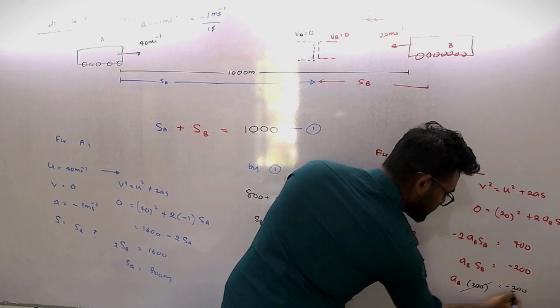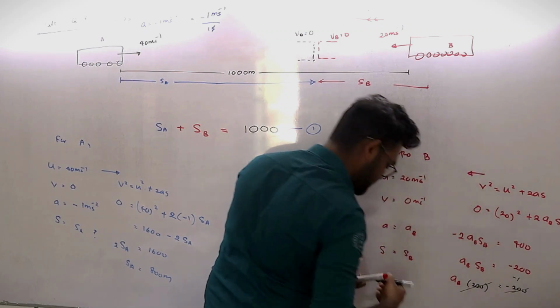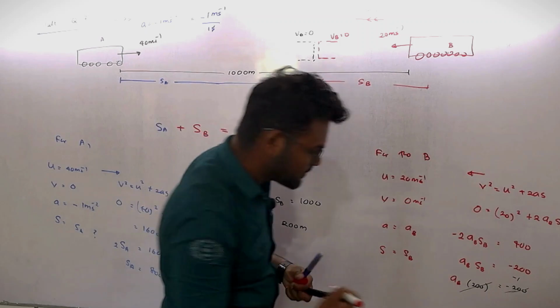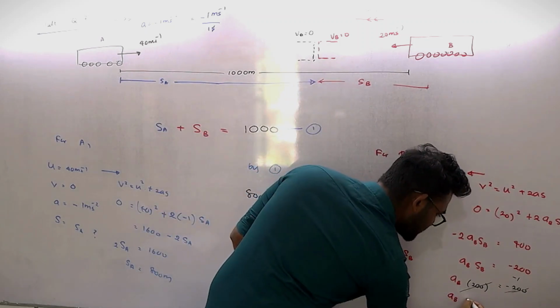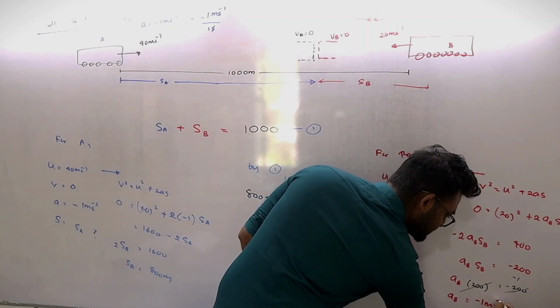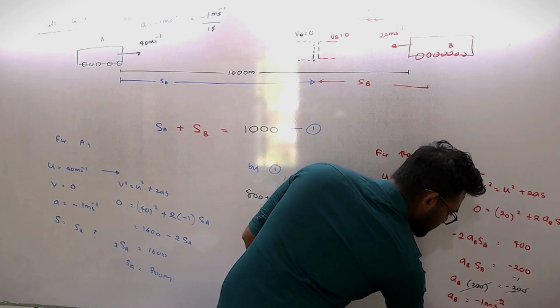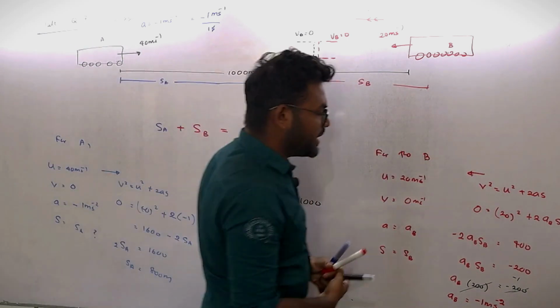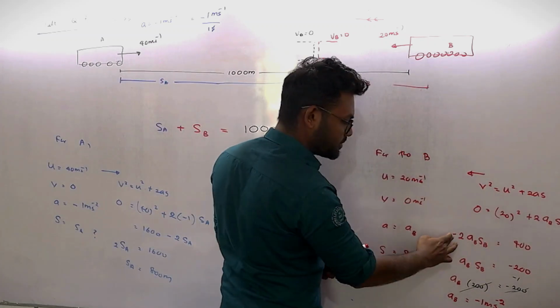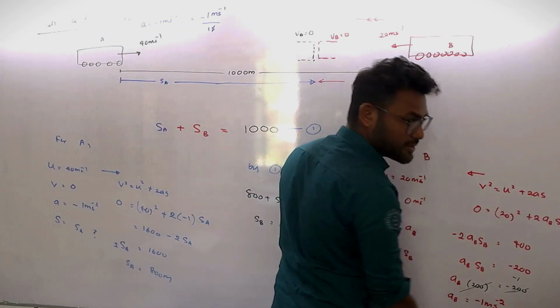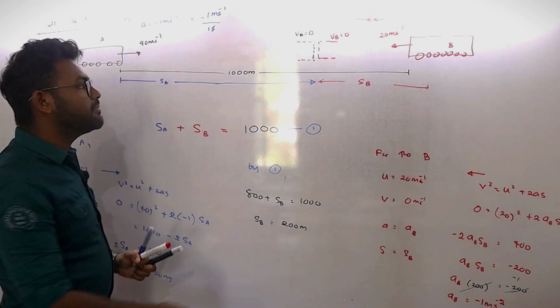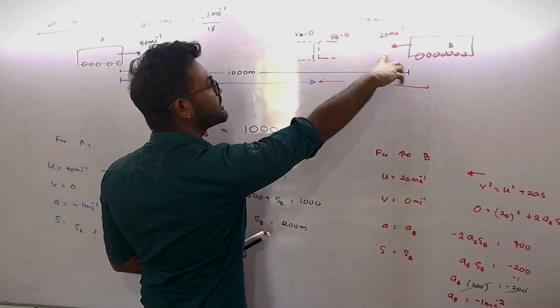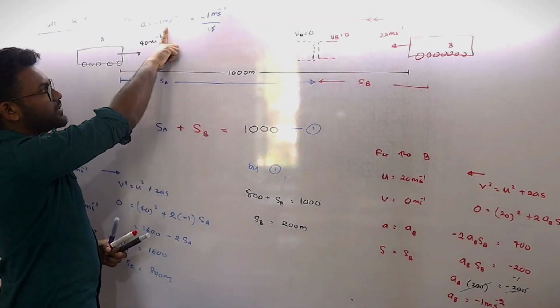This and this cancel off, remaining is minus 1. So AB is also going to be equal to minus 1 meters per square second. If I put already a minus sign, this becomes plus. Ultimately, B also needs to be moving with the deceleration of 1 meters per square second.